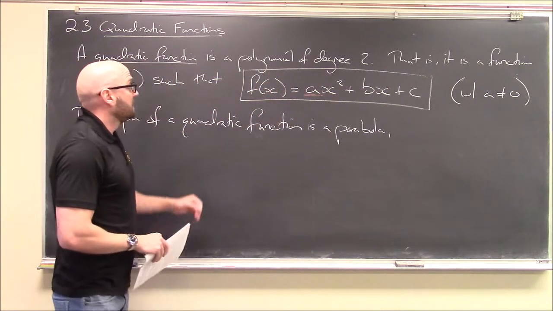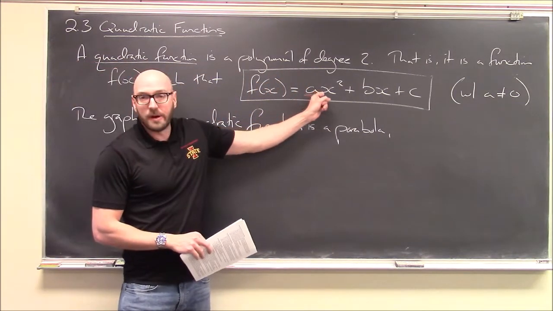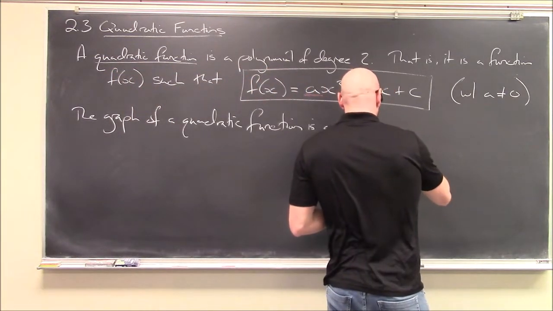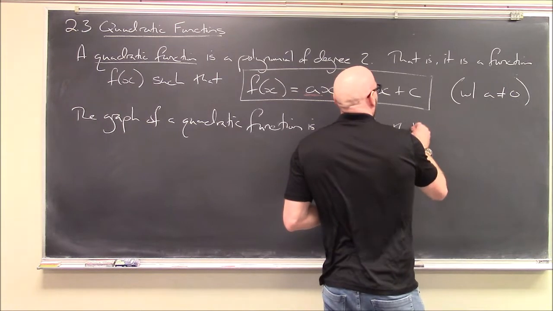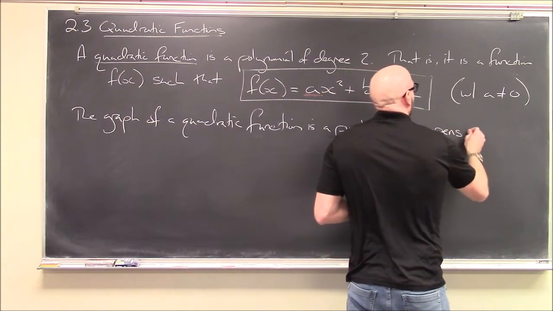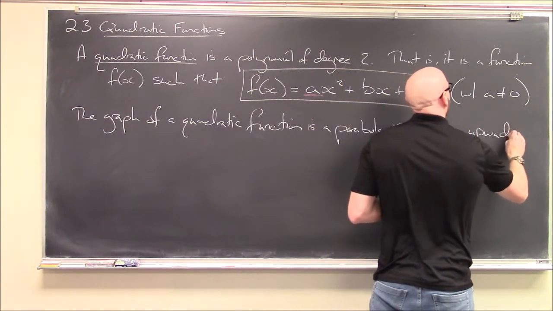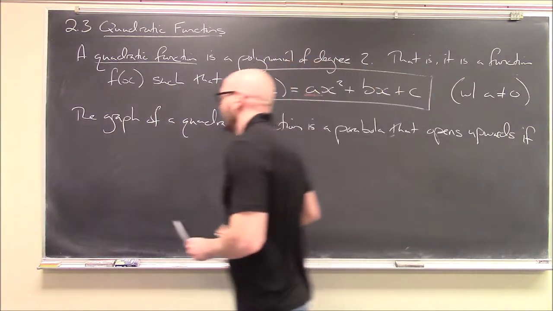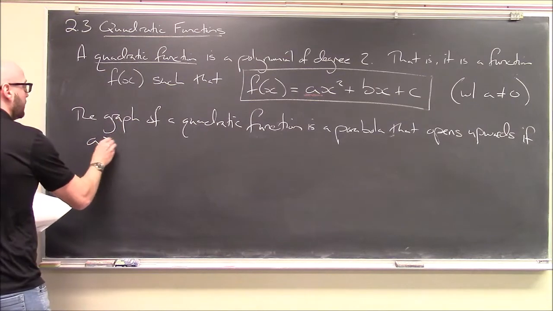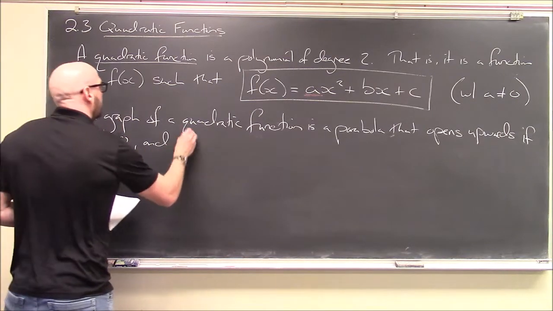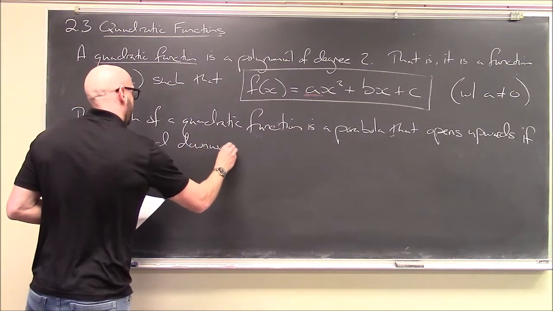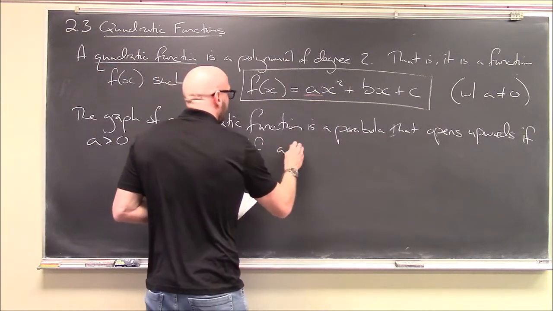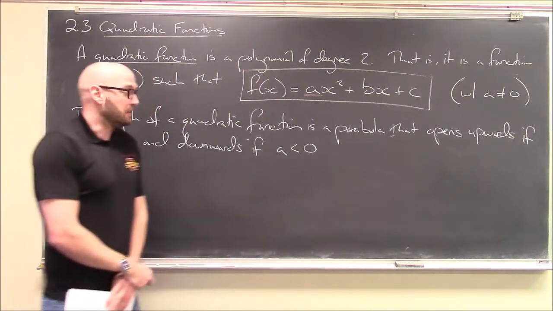And in particular, that parabola opens upwards if a is positive and downwards if a is negative. A parabola that opens upwards if a is bigger than 0 and downwards if a is less than 0.